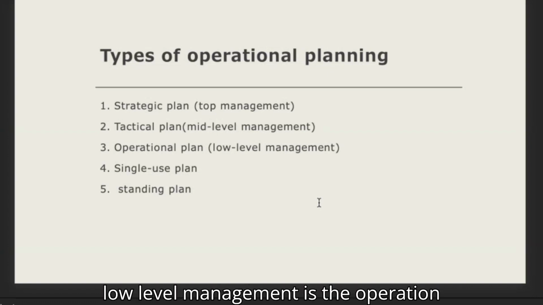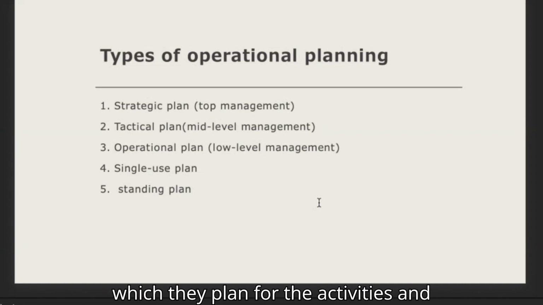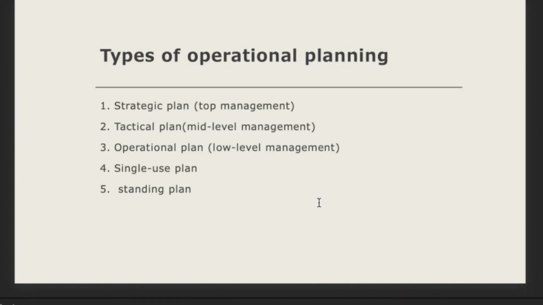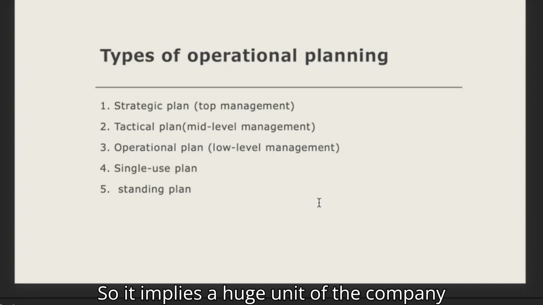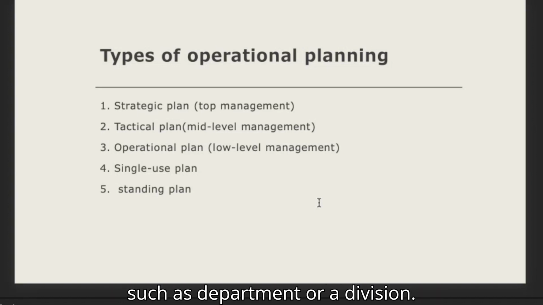Then the low level management is the operational, which plans the activities and processes that enable the tactical plan. So it implies a unit of the company such as a department or a division. So this is exactly at the bottom level which reaches the customers.